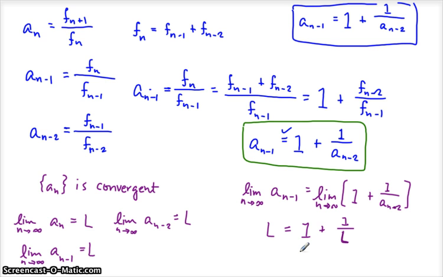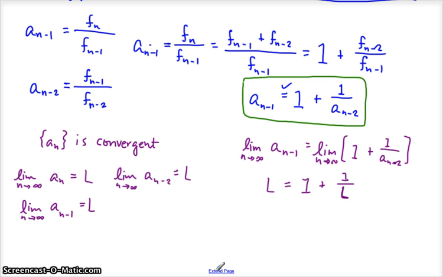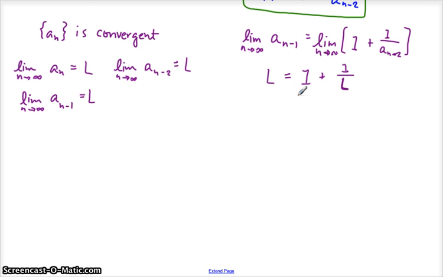So it looks like we need to get all these L's on one side if we're going to figure out what the limit value actually is. So we have L equals 1 plus 1 divided by L. And in order to get all these L's on one side, it seems like we're going to have to break this L out of its denominator.